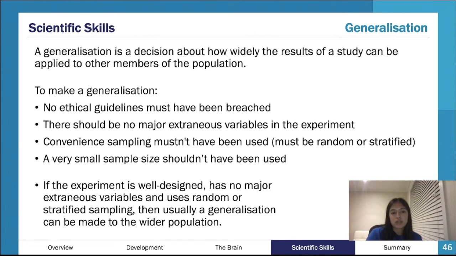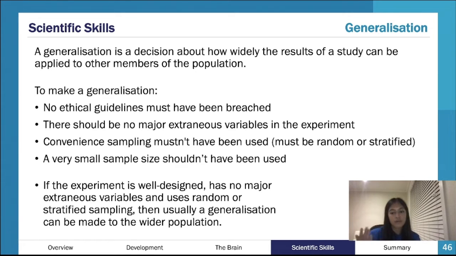Okay, so generalizing, this is really important in psych research. You've got your results. You're saying, okay, this drug is really good at improving everybody's memory, improving Alzheimer's, whatever it is. Can you generalize this to the population? So the question is, does your sample accurately reflect the greater population? And the fact that this drug has worked in your sample, is it likely to work in the rest of the population?